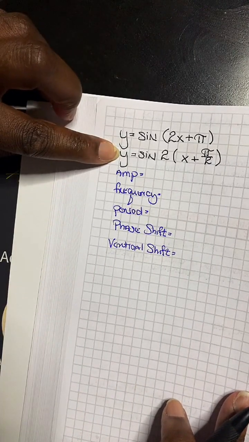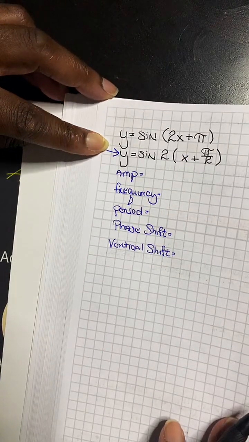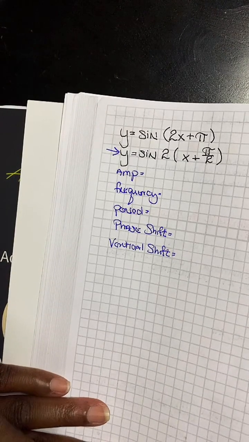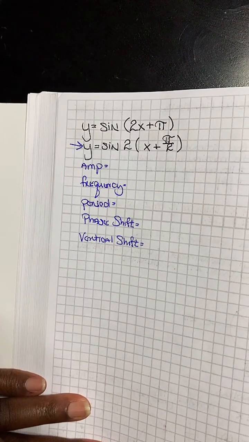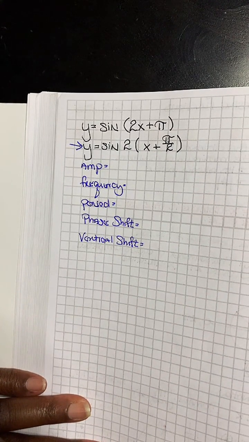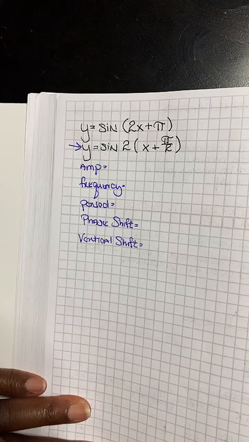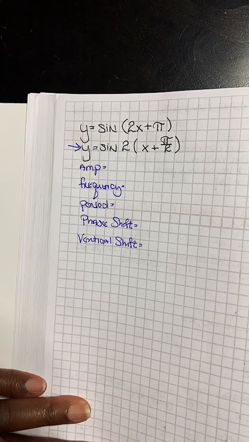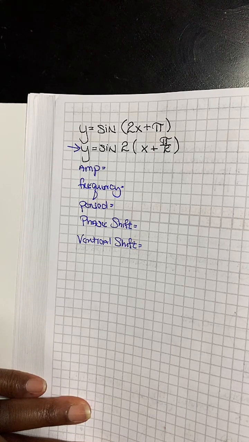Okay, so we're looking at this second equation right here. We're not looking at the original, looking at the second. So, what's my amplitude? What do you think is my amplitude? Okay. 1.